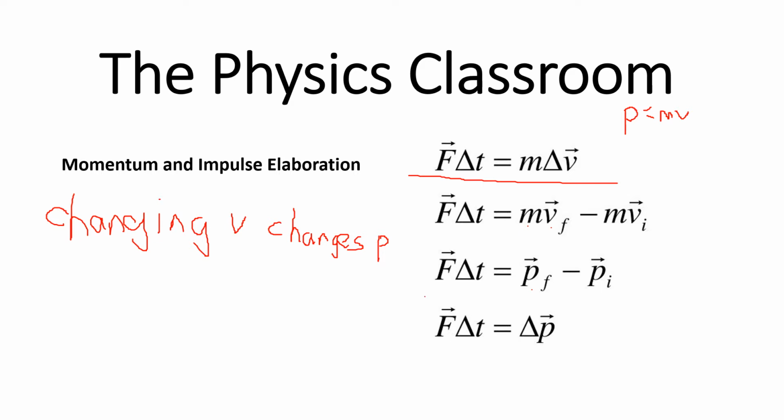So all they're saying here is that the change in momentum is equal to the force times the time interval. And I said yesterday that the force and the time were inversely proportional. So if you have the same change in momentum, if this is constant, and your time is bigger, that means your force is smaller.